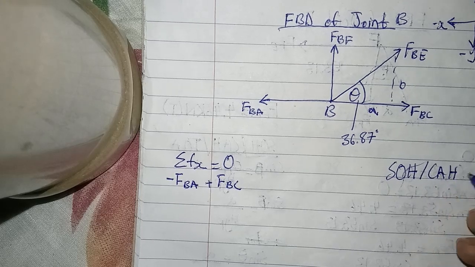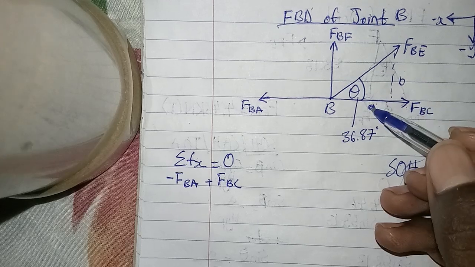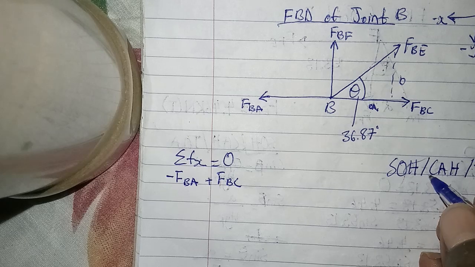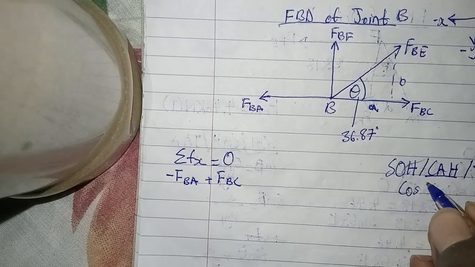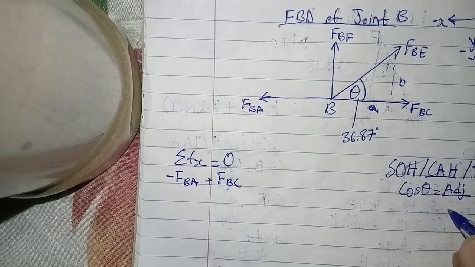Adjacent and hypotenuse give cos. So cos theta is equal to adjacent over hypotenuse.